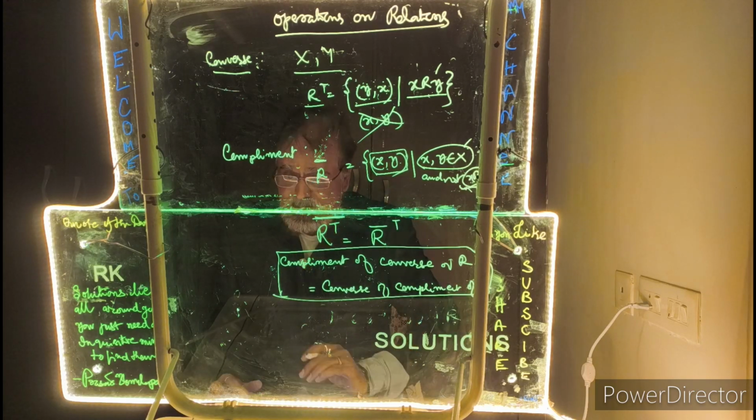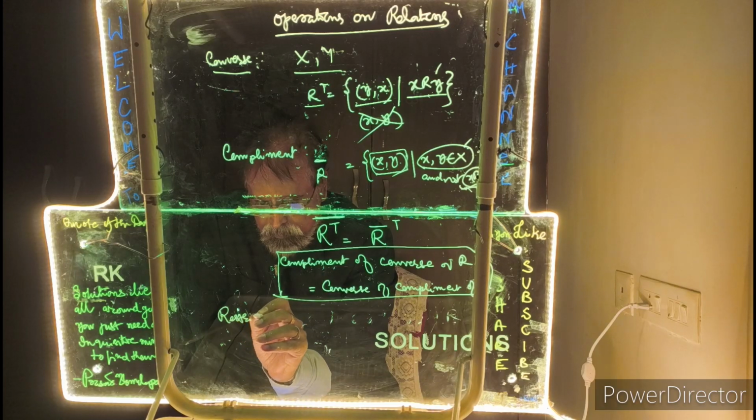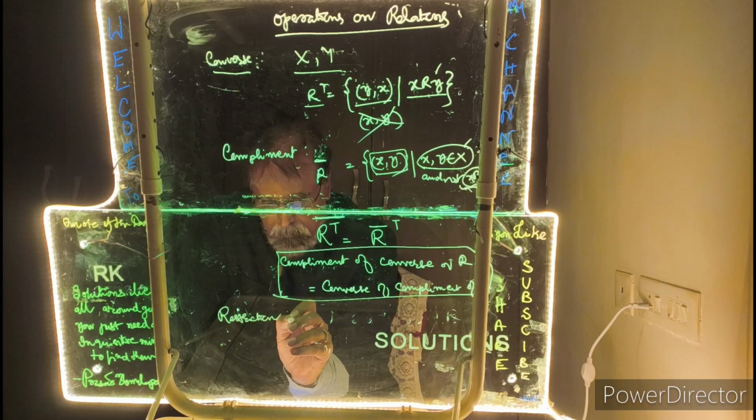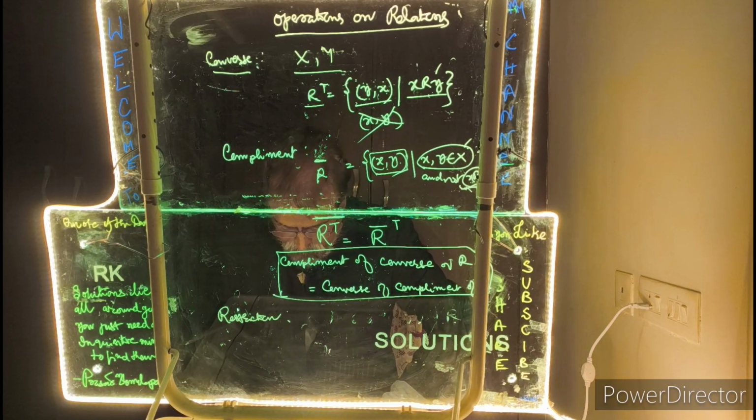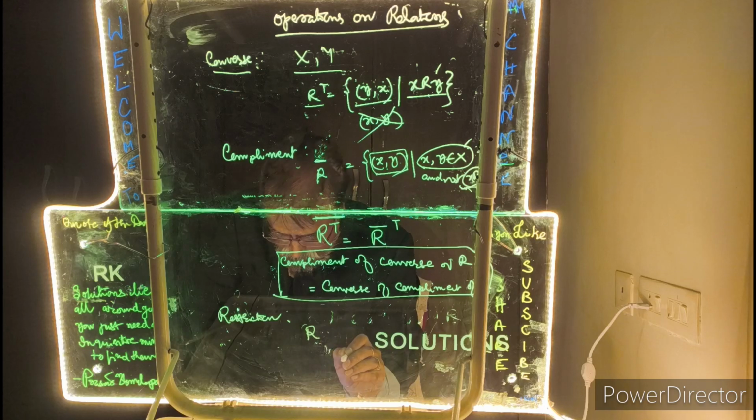Now we have restriction. How is it represented?